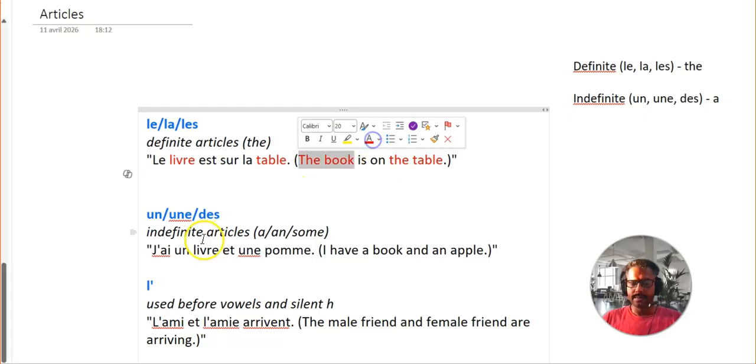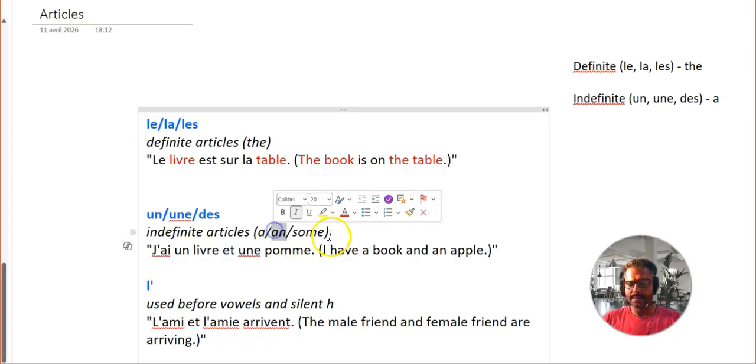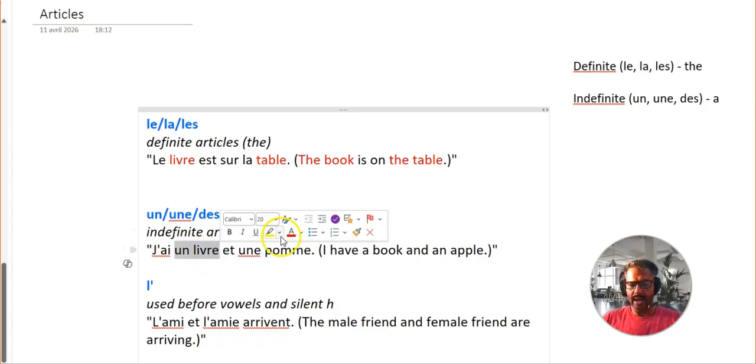Now comes les articles indéfinis, indefinite articles. Like I said, the English equivalent is a, or an, or some. So we use them when we don't know whom the thing belongs to, in a general sense. Example in this case, here I have j'ai un livre.